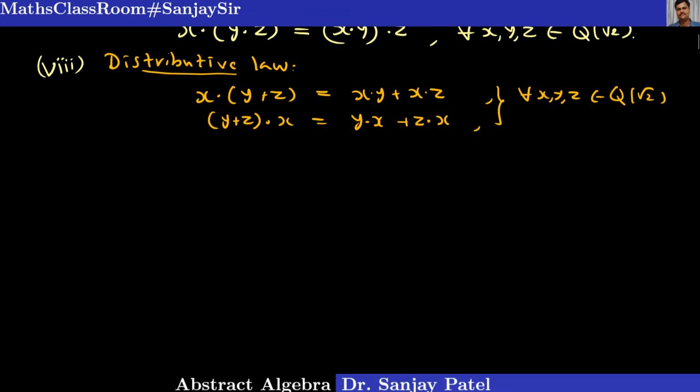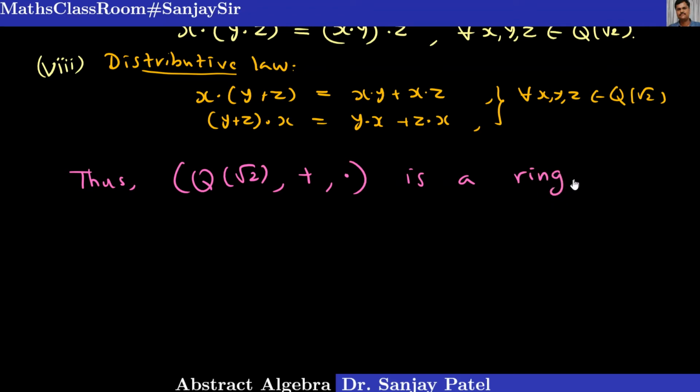So the final conclusion here is, thus the set Q root 2 with respect to addition and multiplication of real numbers is a ring. So the definition of ring requires only these 8 axioms to be checked.